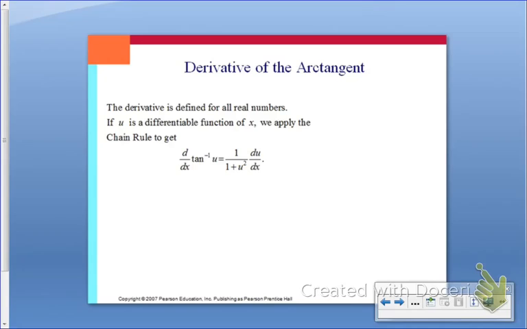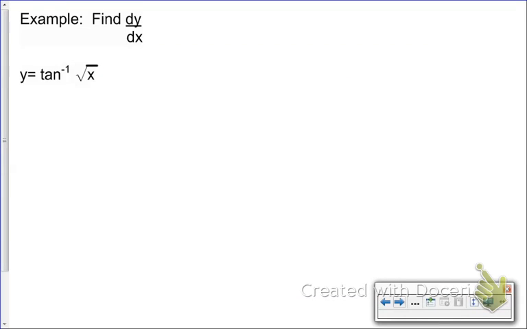If it's a quantity u, we're going to take 1 over 1 plus, replace u with whatever it is, square it, and then times its derivative. That's the du dx, the derivative of whatever u is. So let's look at an example of this one. Find the derivative of the inverse tangent of the square root of x. I'll let you try it for a minute, and then we'll take a look at it.